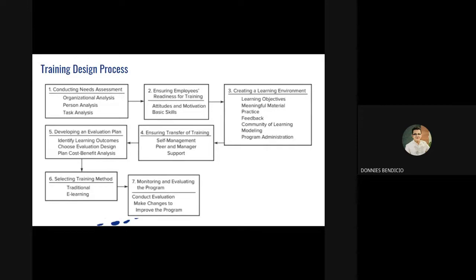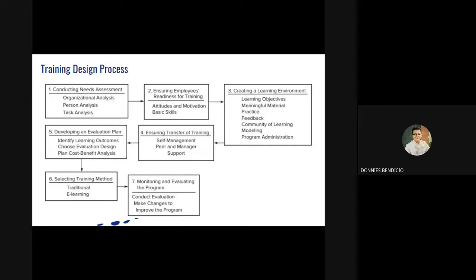because the company is investing in your knowledge as well as your skills, right? So you cannot just leave the company right away because they have invested in your skills and knowledge, no? There are, of course, some employees who have the guts to leave the company after training or after the investment that the company has given to them.